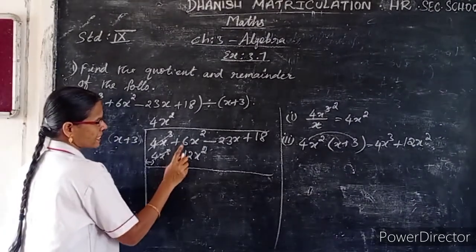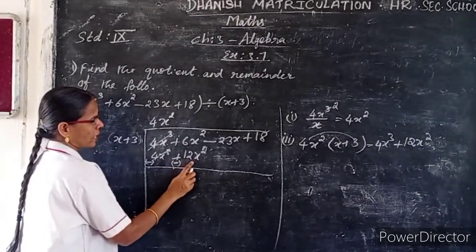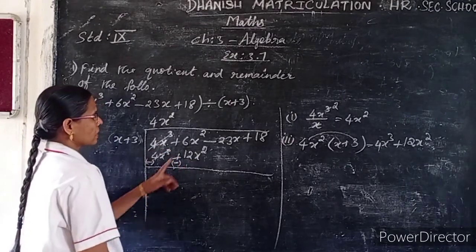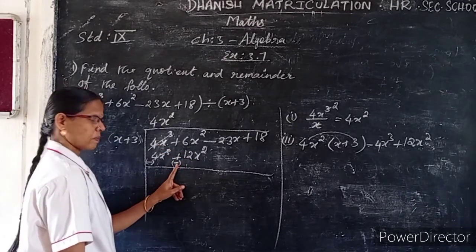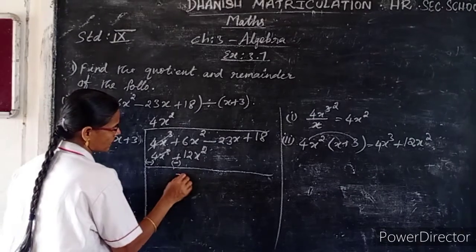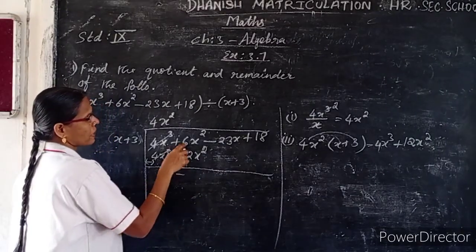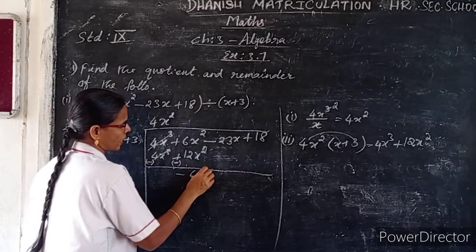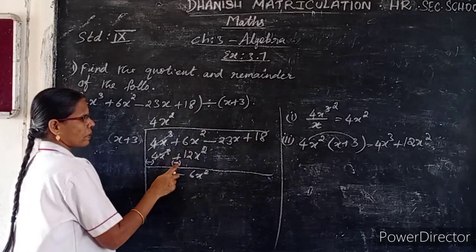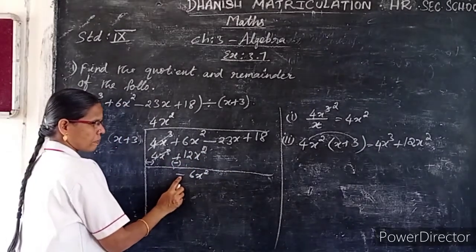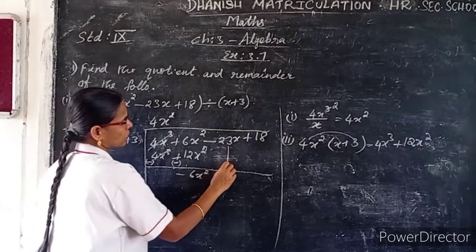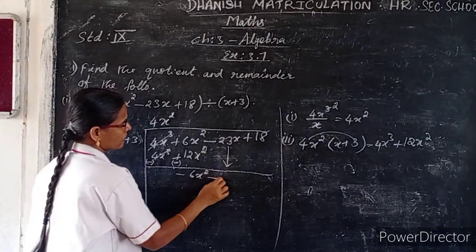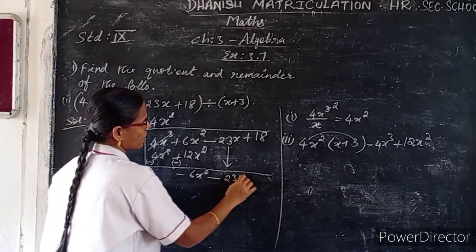So 6x square minus 12x square. Don't see this sign. So the greater number is minus. So put the sign minus, 12 minus 6 is 6x square. 6x square minus 12x square is minus 6x square. So write one term down, 23x.